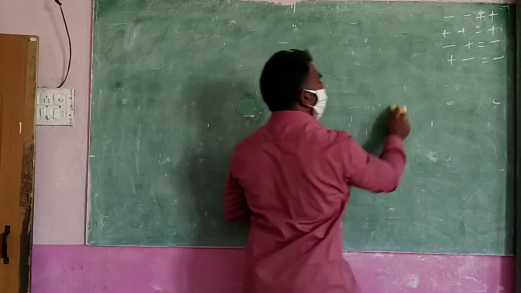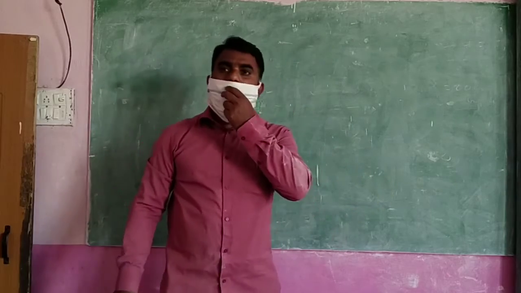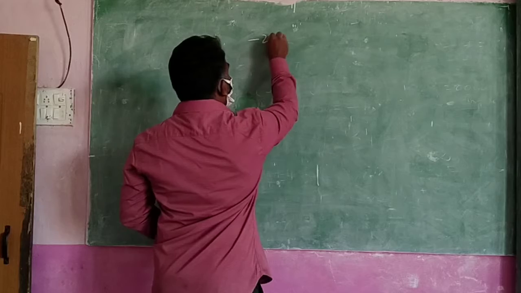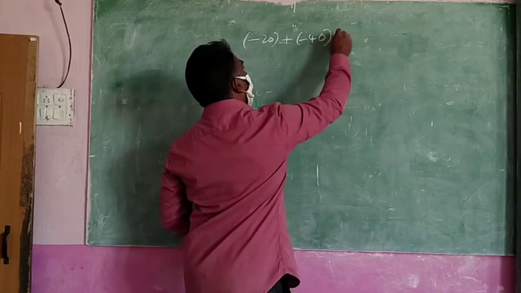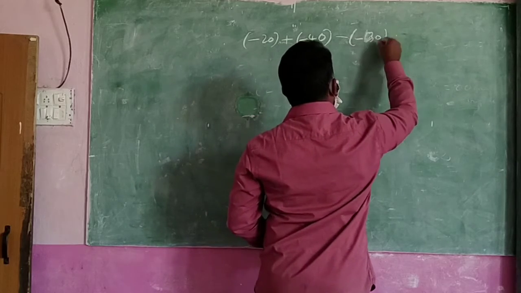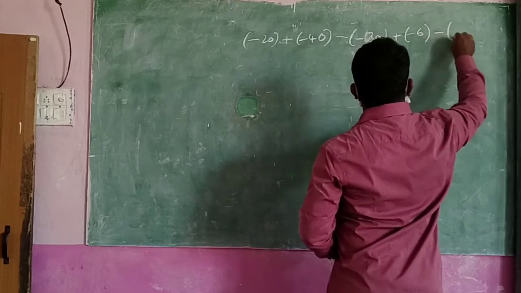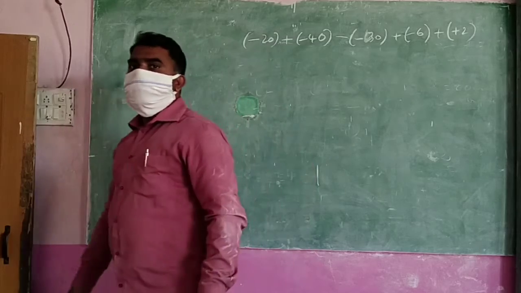This is also the same method, no difference. Very easy, but more numbers are coming, that much only. So you see now, -20 plus -40 minus -30 plus -6 minus plus 2. This is the question. There are so many numbers now.